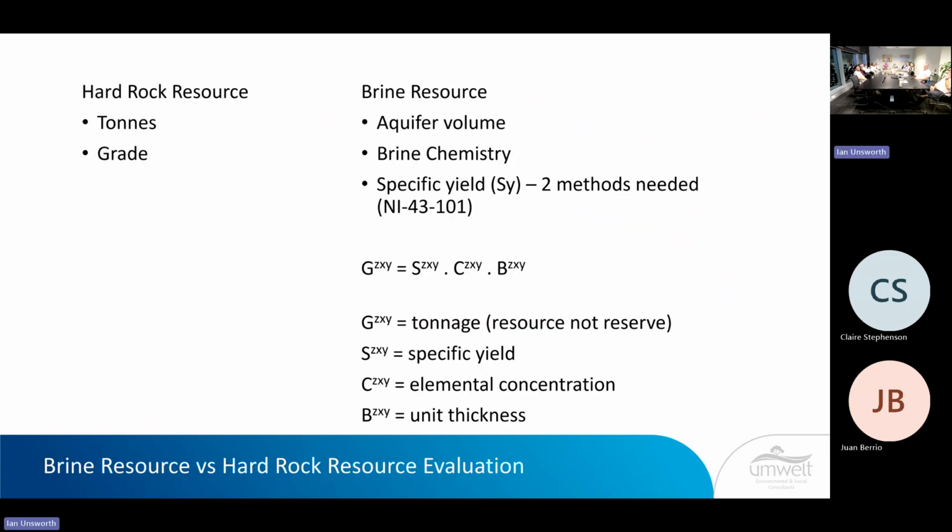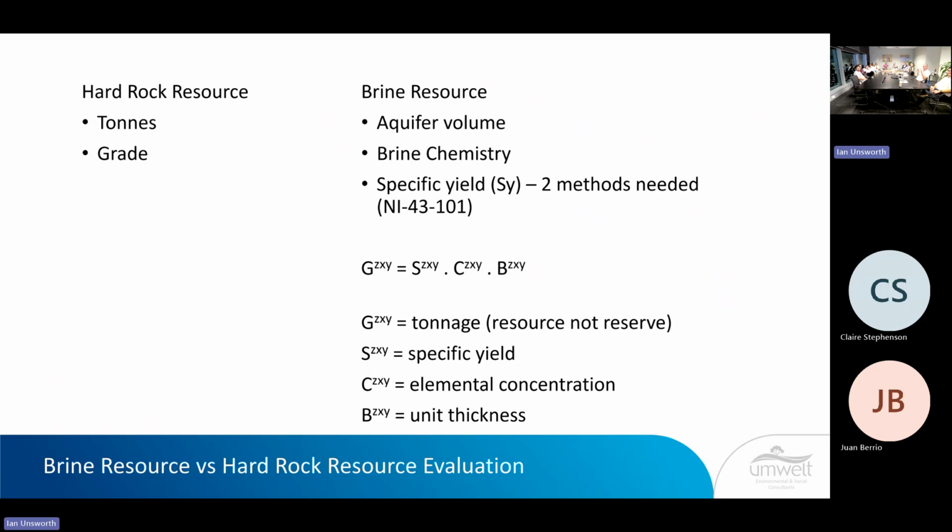So the three important factors are the aquifer volume, how wide it is laterally and how thick; brine chemistry, how many milligrams of potash or lithium we have; and the specific yield. We're at the resource stage now, so we're just defining what's there. We're not defining what's economic.